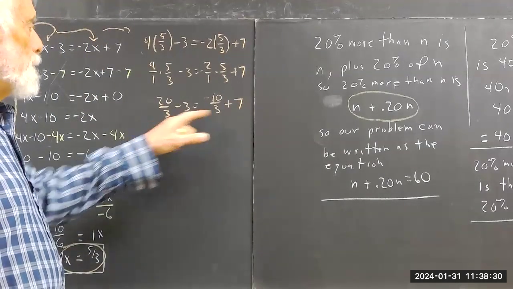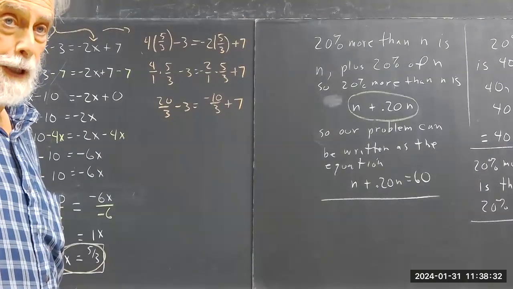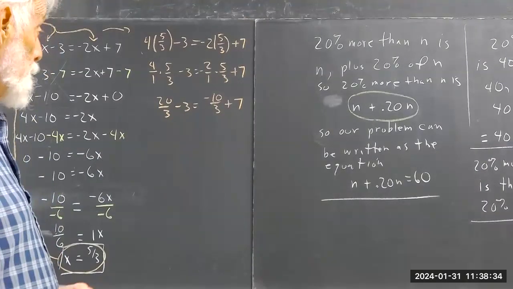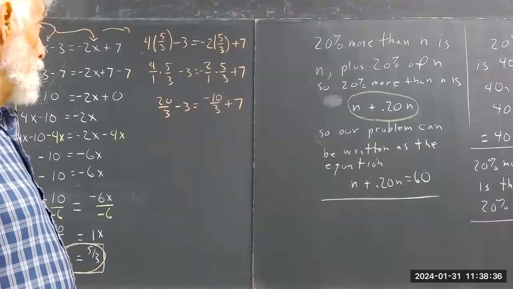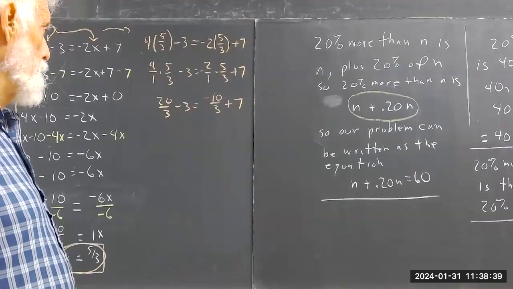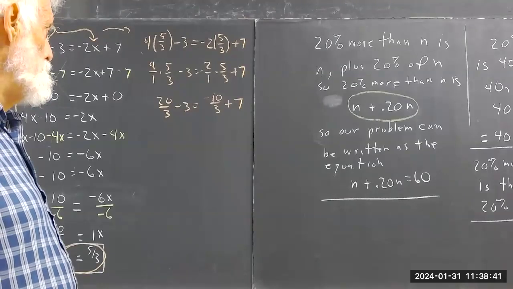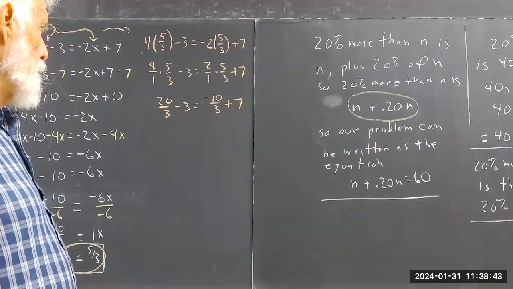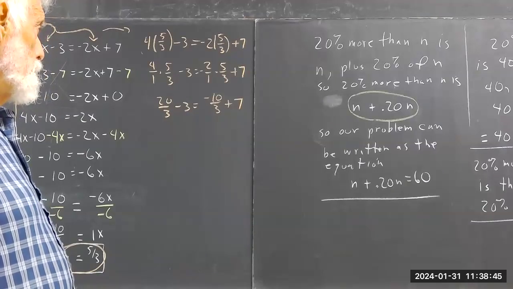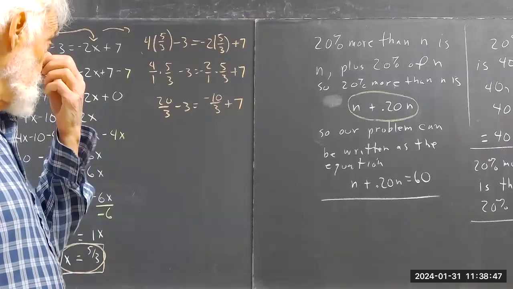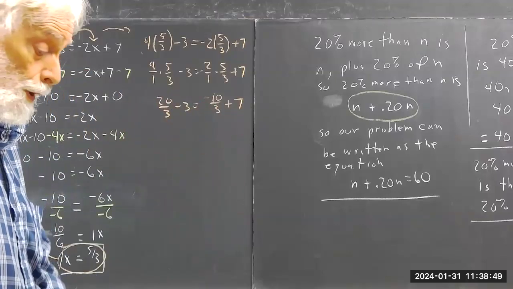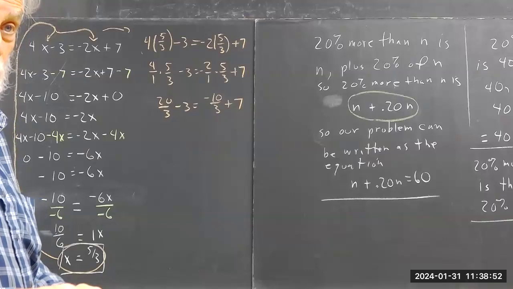Now we can put the 3 and the 7 over common denominator and see if these add up correctly. We're going to get -1/3 there, and we're going to get 1/3 there. Means I might have made a mistake in my solution. Entirely possible. I was talking more than I was thinking.